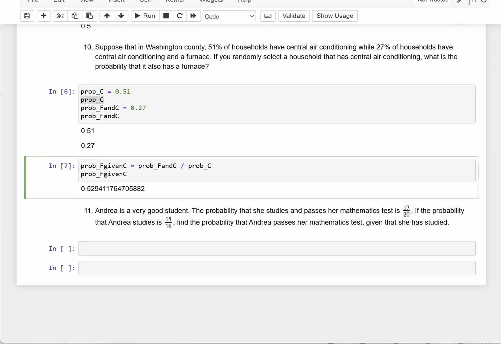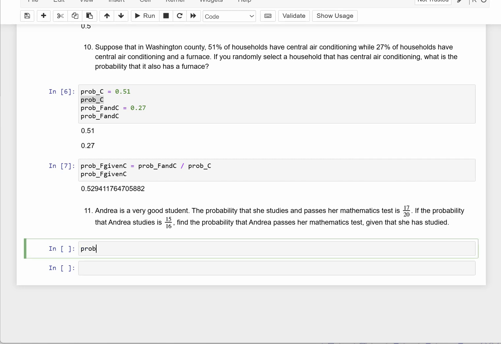And lastly, we have that Andrea is a very good student, whether it's a male or female version of that name. The probability that she studies and passes her mathematics test is 17 out of 20. If the probability that Andrea studies is 15/16, find the probability that she passes her mathematics test, given that she has studied.